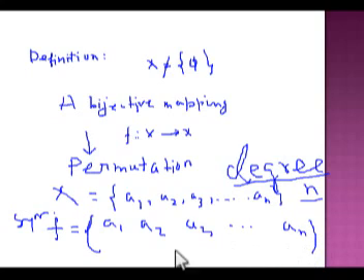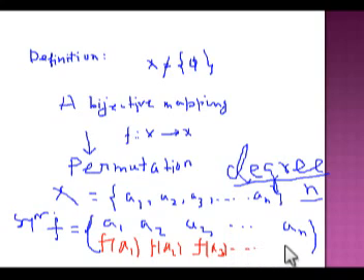The image of every element is written below it, and the last element's image will be f(n). So this is the symbolic representation of any permutation.